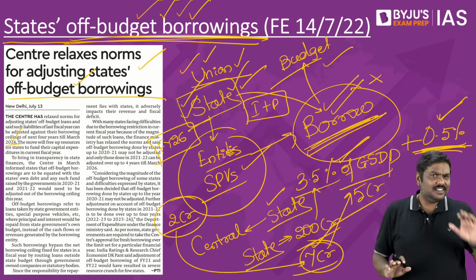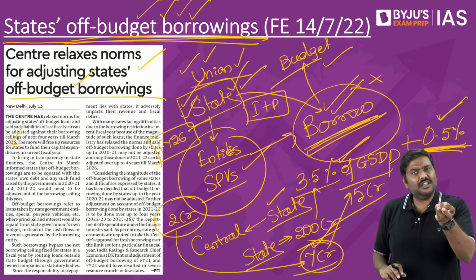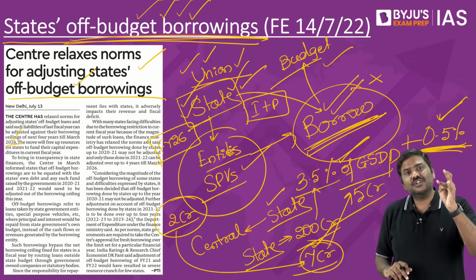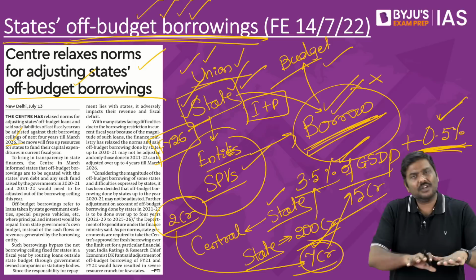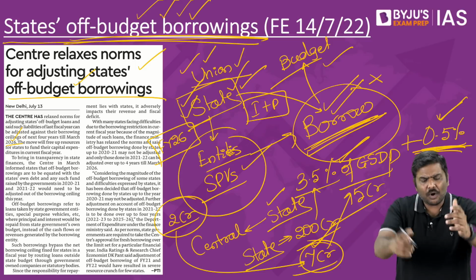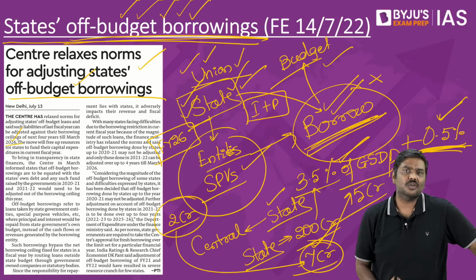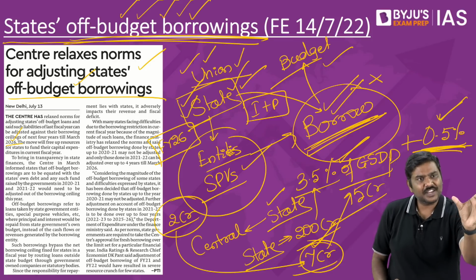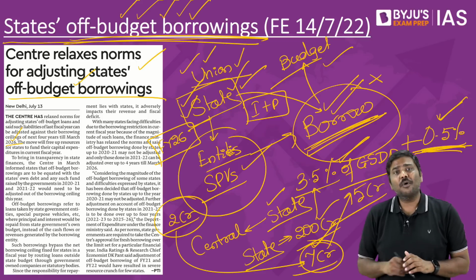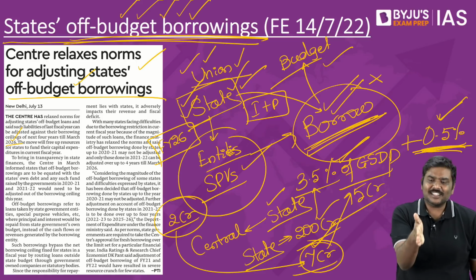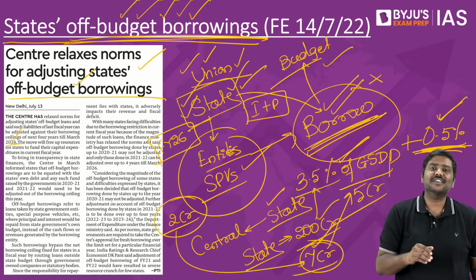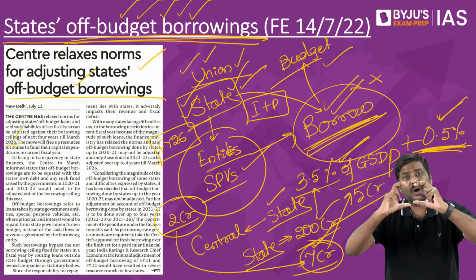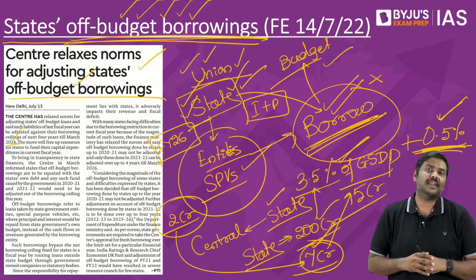The problem is that in the last 2 years, because of higher expenditures, specifically under the revenue head, and a lower amount of tax revenue collection, the states have been under a lot of pressure. They have gone out and borrowed a lot of money through off-budget borrowings. Now, if you ask the states to adjust that with the borrowings that you are going to do or the ceilings allocated to you till financial year 26, it simply means the states will have lower freedom to borrow from the market.